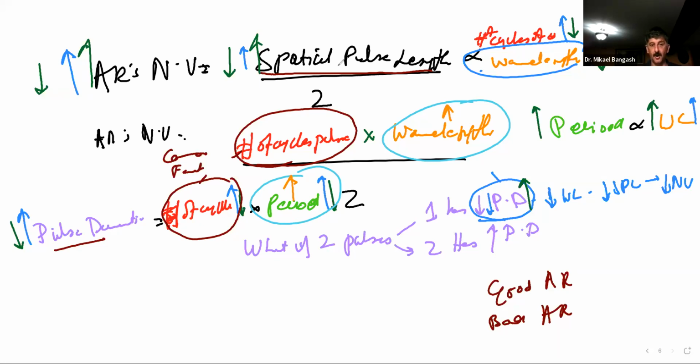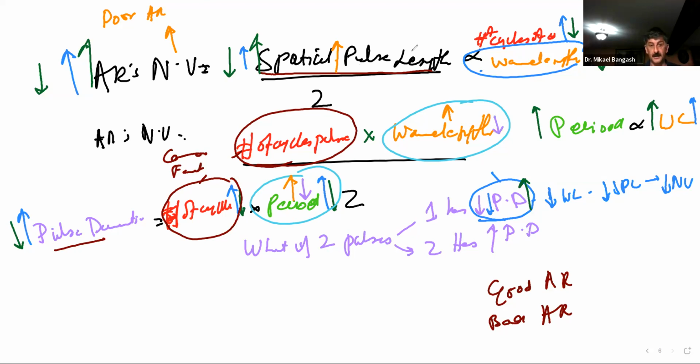That greater wavelength will cause the spatial pulse length to be greater, and that greater spatial pulse length will give us a greater numerical value of the axial resolution, and that greater numerical value will lead to a poor axial resolution. Whereas on the other hand, a low period will lead to a low wavelength.